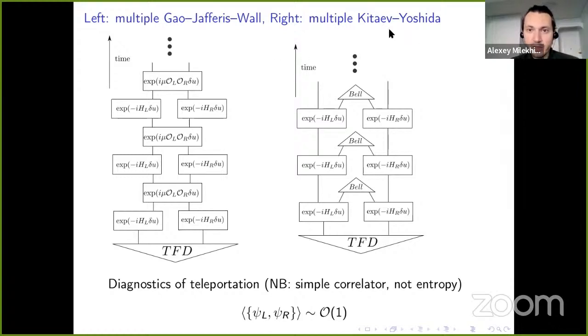Another more elaborate protocol, which is Kitaev-Yoshida, is when I pick a subsystem on each side and I project it on the Bell state. So here it is not a measurement, it's a projection. So it involves post-selection. I will talk about it in detail in a few slides.